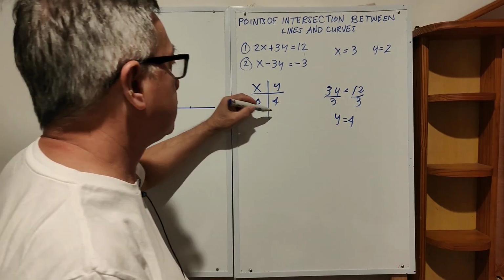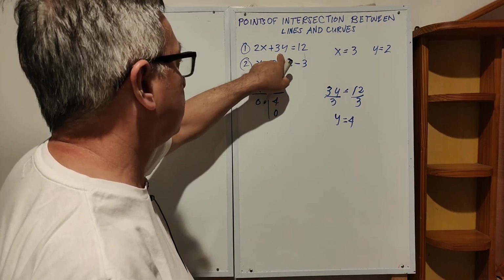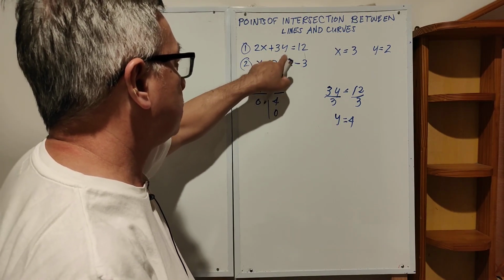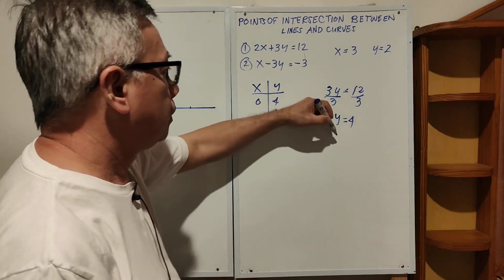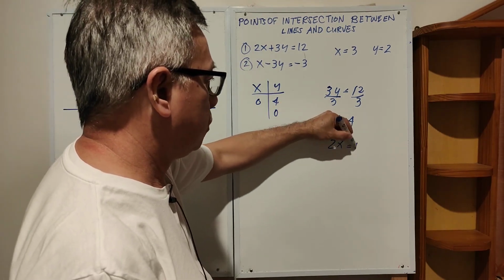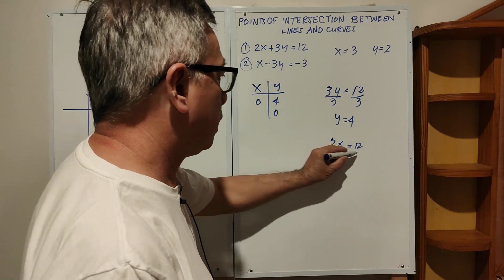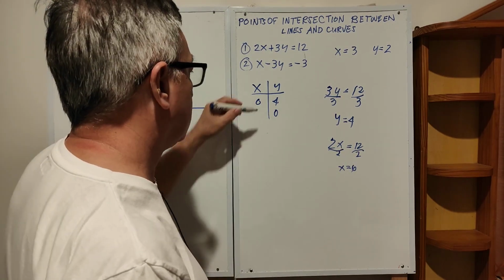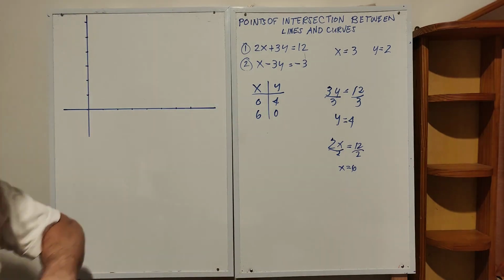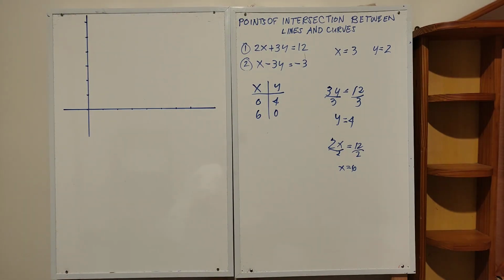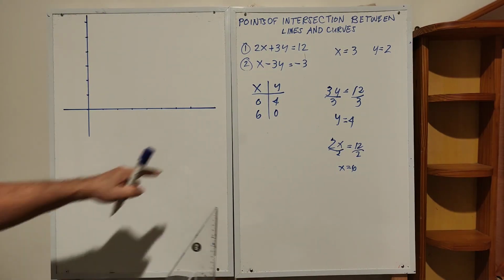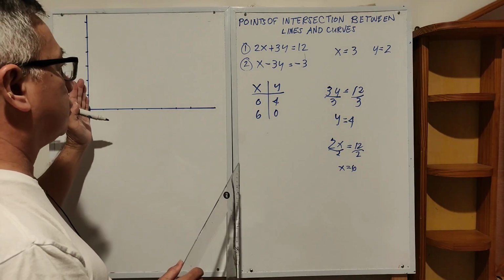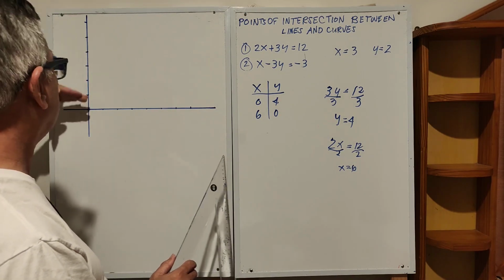Now if y is 0 for the second equation, this will become 0. So it will be 2x is equal to 12, dividing both sides by 2, x is equal to 6. So let's plot that one. If x is 0, y is equal to 4.